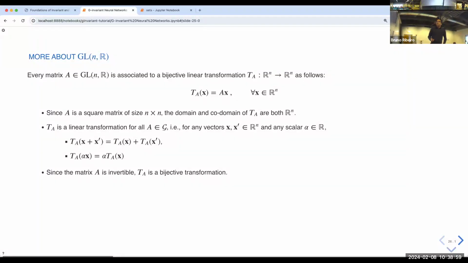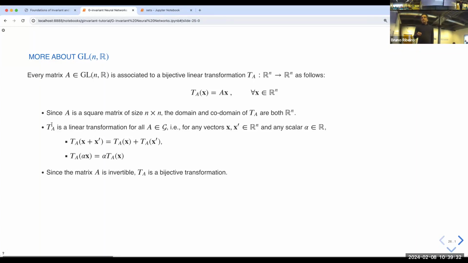So let's talk a bit more about why the general linear group is very interesting. Every matrix A is associated with a bijective linear mapping. So it maps vectors in R^n to R^n bijectively. The notion of a transformation here of X is just multiplying X by the element in the group, A. Since A is a square matrix, the domain and codomain are both in the input space.